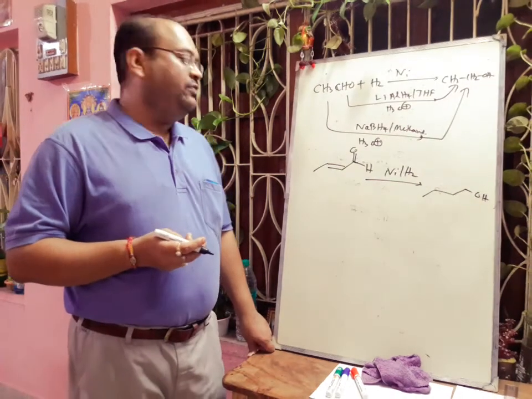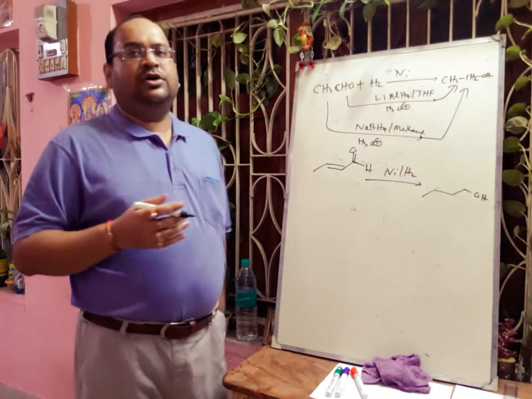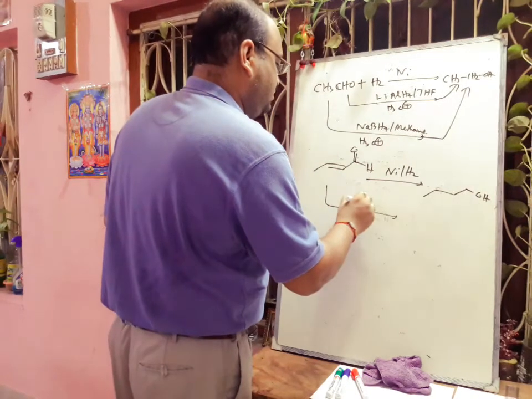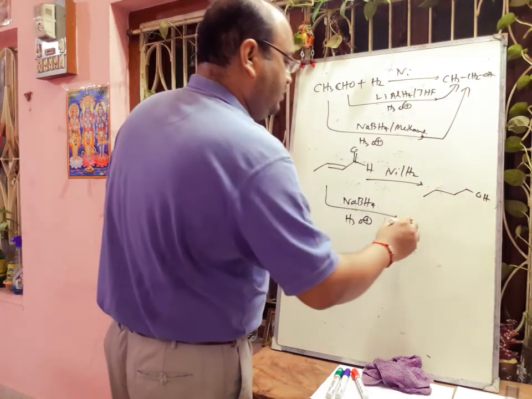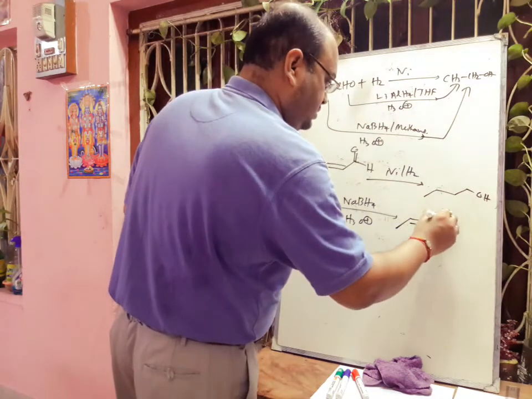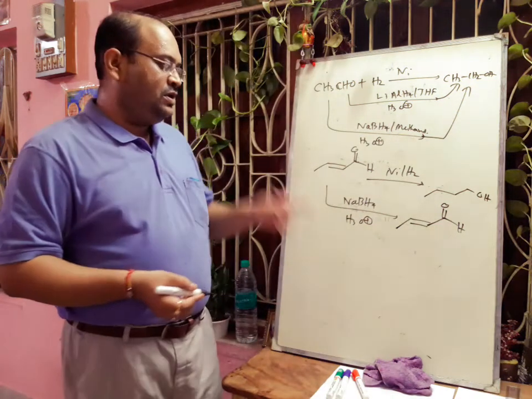But if we use a milder reagent like sodium borohydride and H3O plus, then the double bond will not react. So this is a chemoselective reagent here.